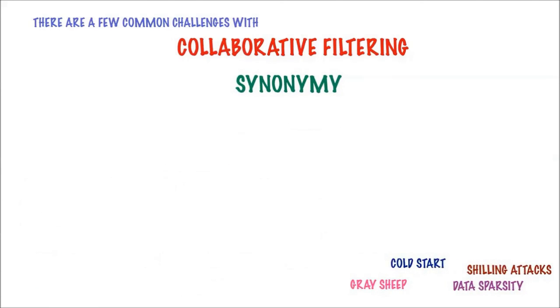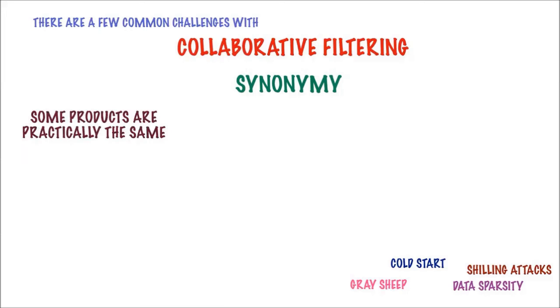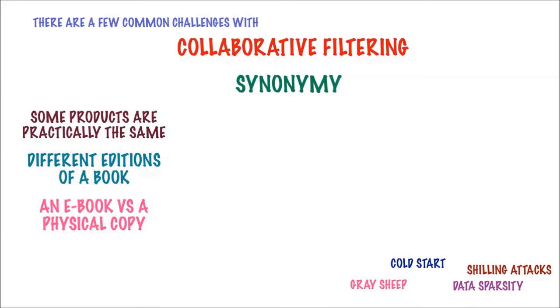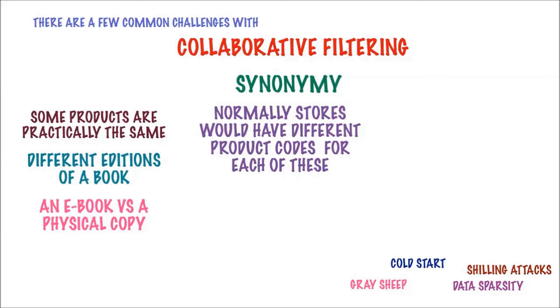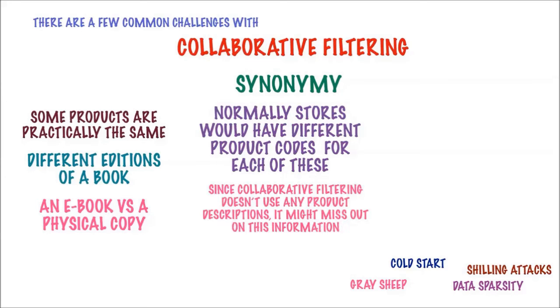Synonymy is a problem which comes about because collaborative filtering doesn't have any data about products. What if some products are practically the same? Maybe they are different editions of a book, or maybe one is an ebook versus a physical copy. Both of these things are actually the same, but the store would have different product codes for each of these products.